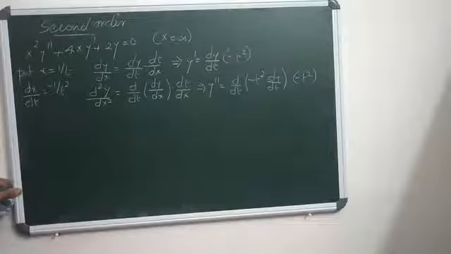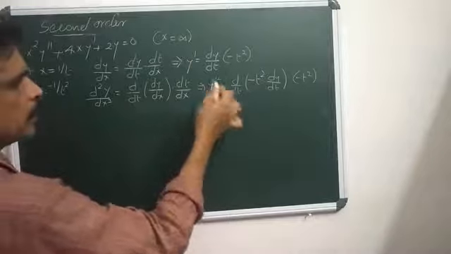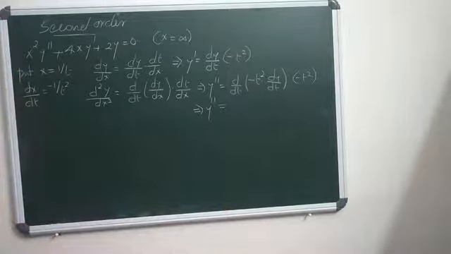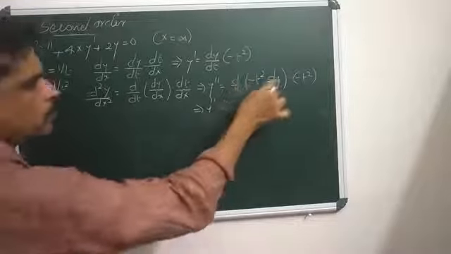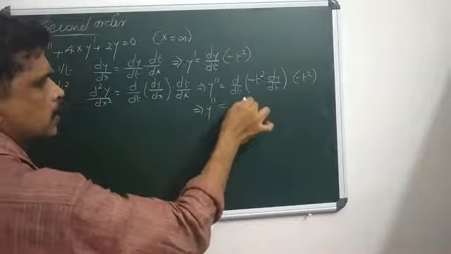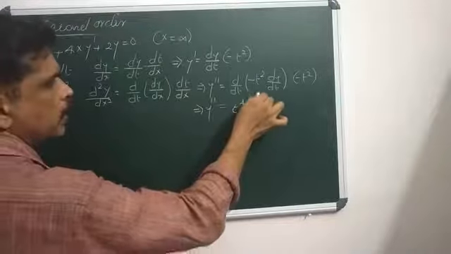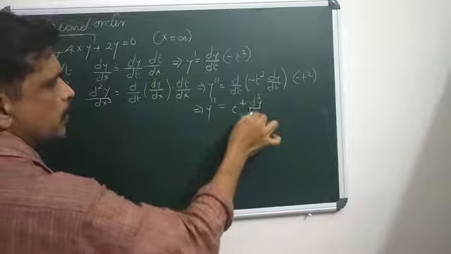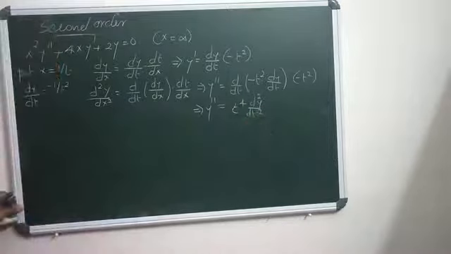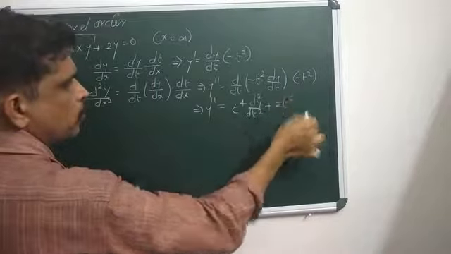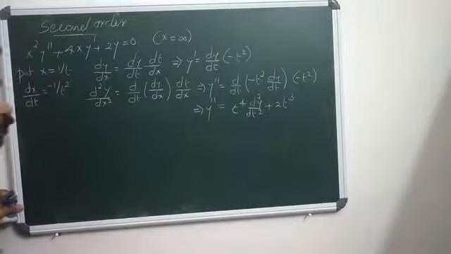So y2 dash equals d by dt of minus t square dy by dt into minus t square. So it is t power 4 into d square y by dt square plus 2t cube into dy by dt.